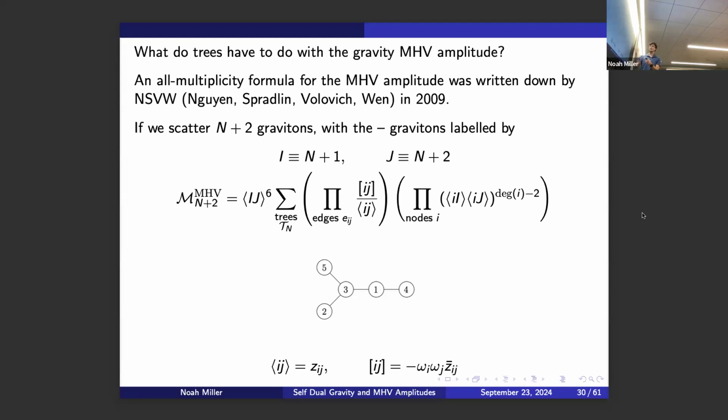If you don't know what the spinor helicity formalism is, you can just sort of cheat and say that the angle bracket ij is zij, and the square bracket ij is basically the same thing, but with the two energies out front in a particular parameterization. So you can see that this looks very similar to our thing.